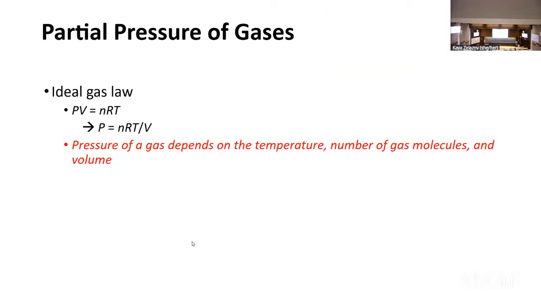Okay. All right. So our first piece that we're going to think about is how do we assess how much of a gas we have in the air? To understand that, we've got to think about our partial pressures of gases. So we're going to begin with our ideal gas law, which you may or may not remember from chemistry.